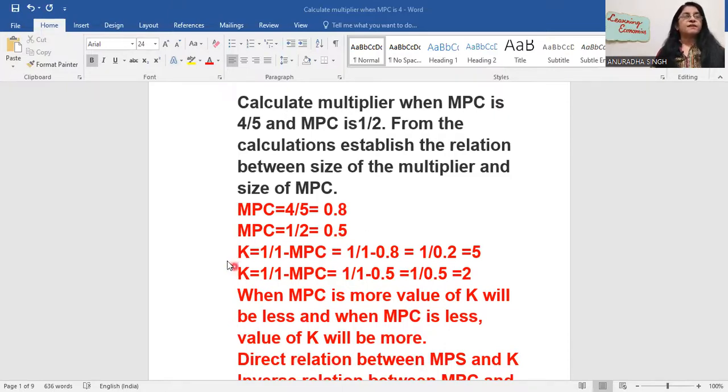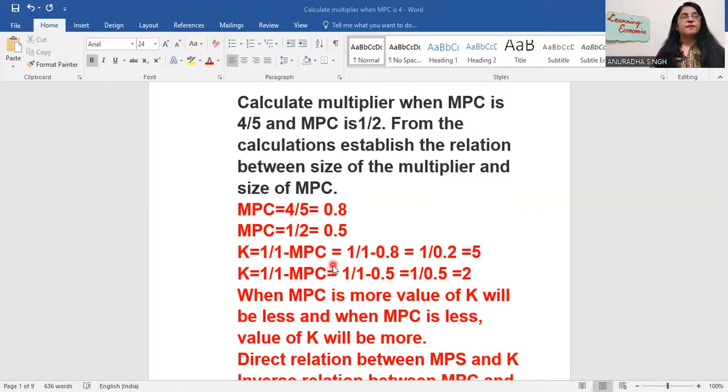And then we have calculated the value of the first multiplier with the help of the first MPC. K is equal to 1 upon 1 minus MPC, which is 1 upon 1 minus 0.8. Why have we taken 1 minus MPC? Because this is the formula. The formula of K is 1 upon MPS, and when MPS is not given and MPC is given, we take 1 minus MPC.